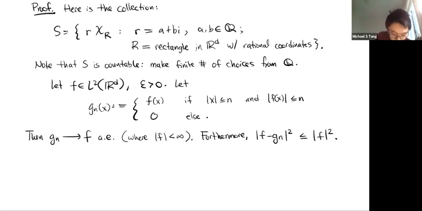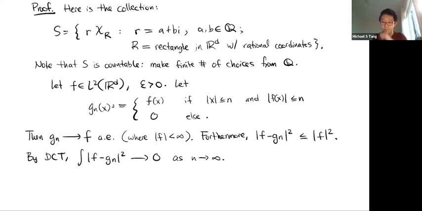So by the dominated convergence theorem, the integral of |f minus Gn| squared goes to 0 as n goes to infinity, because this function is bounded above by an integrable function, namely |f| squared, and it goes to 0 almost everywhere.